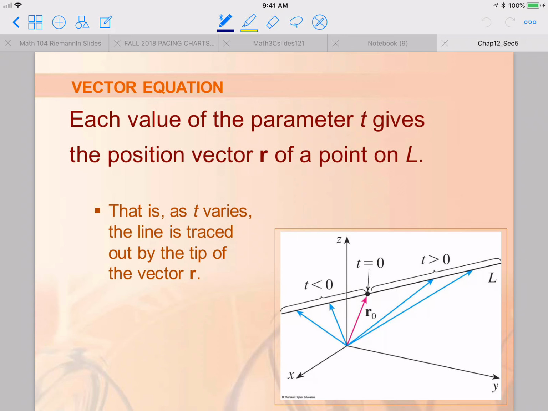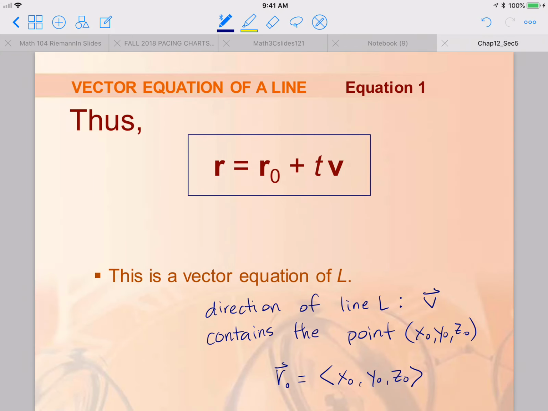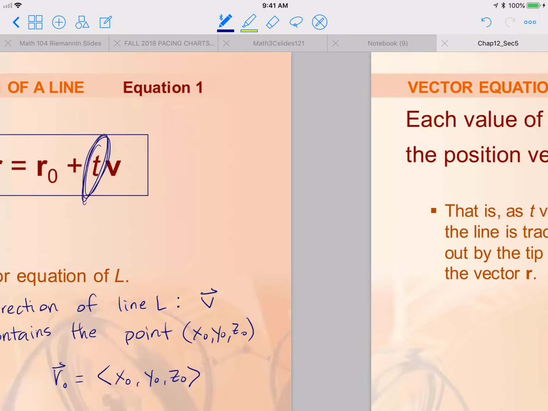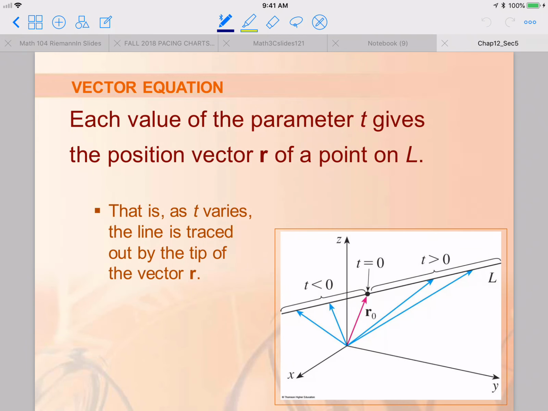So just a few comments here. What happens, because remember here T varies, right? So T is any scalar. And the idea is what happens as you vary T. Excuse me, T is a parameter. When T is equal to 0, then we're talking about the position vector R naught.